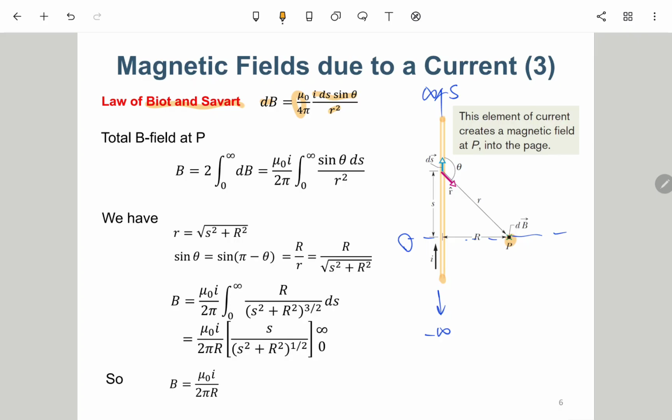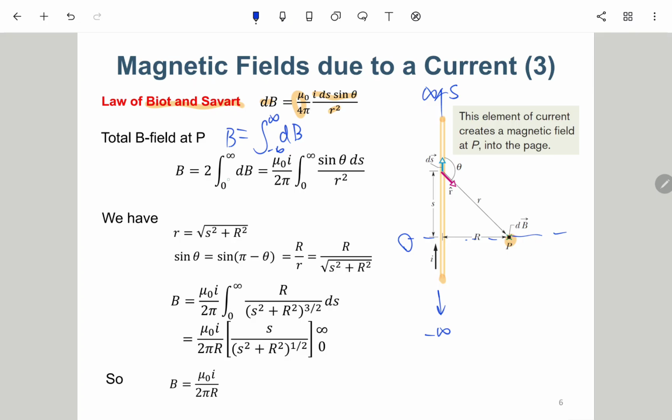In order to calculate the total B field, B should be the integral of dB from negative infinity to infinity. And actually this is symmetric.